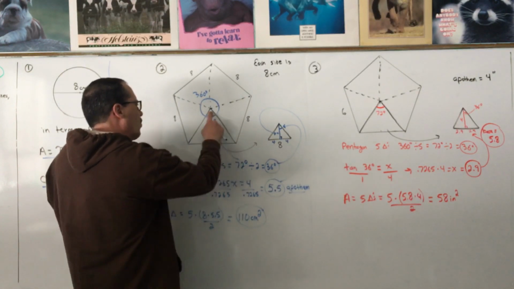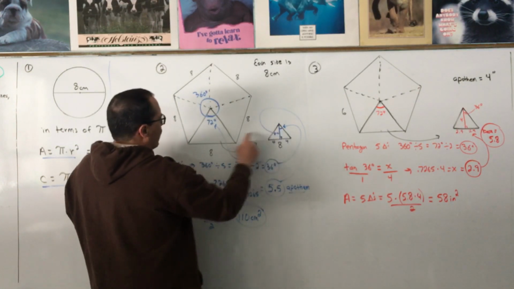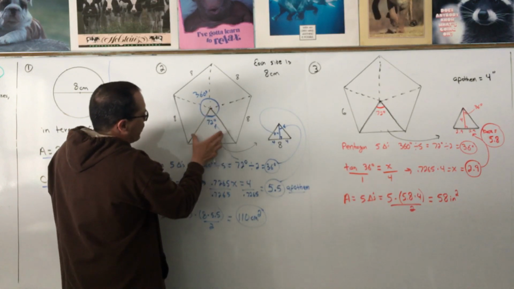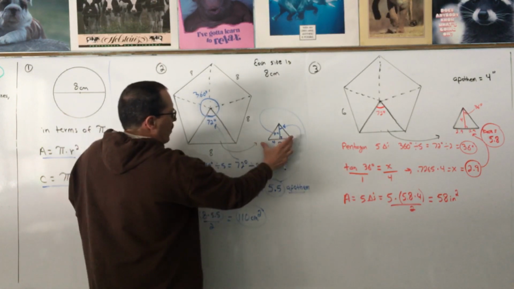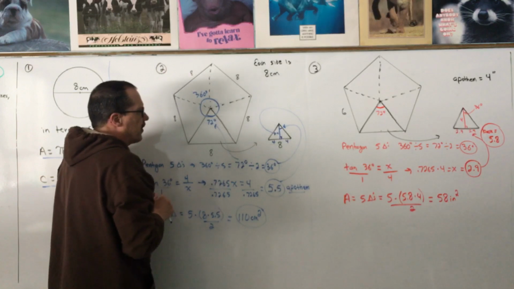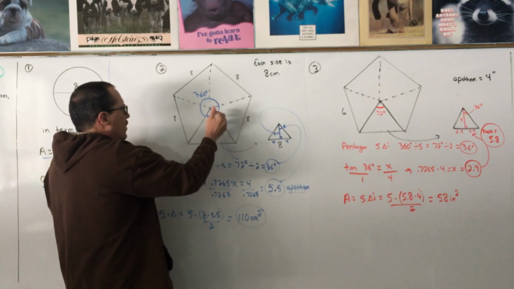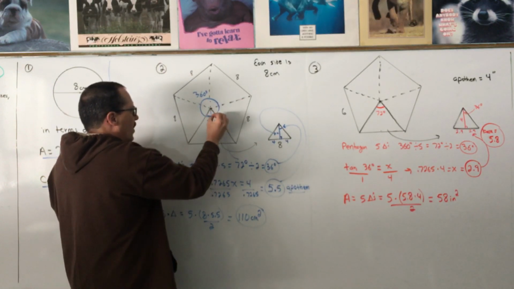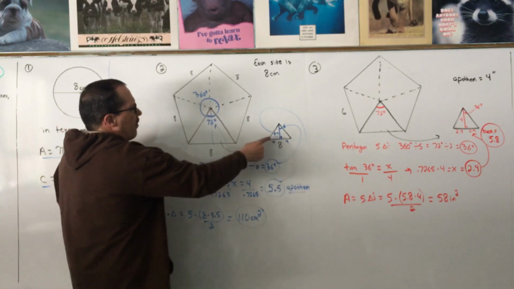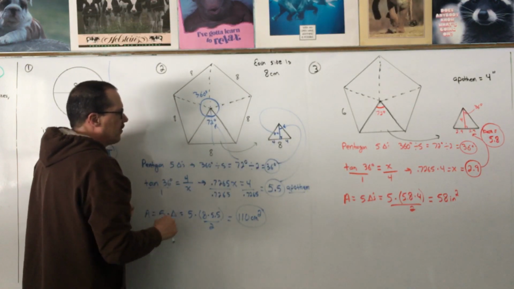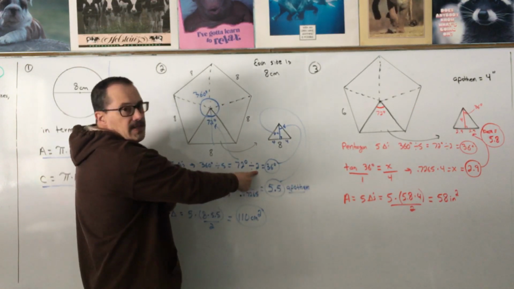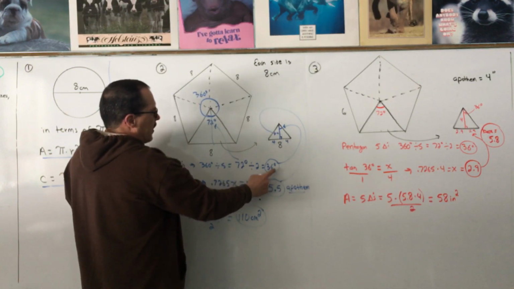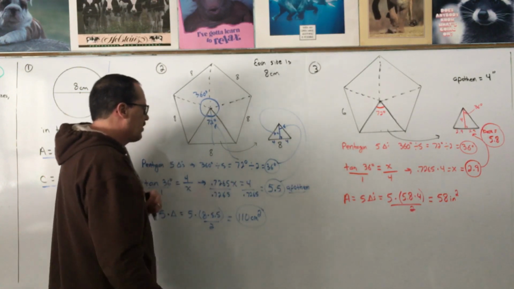And then you just want this small triangle right here. What I did is I took this triangle and cut it out and put it over here so you could see a picture of it. But if this is 72, we just want half of that to be able to figure out what our apothem is. So 72 divided by 2 is 36, and that's a magic number right there that we need to use.